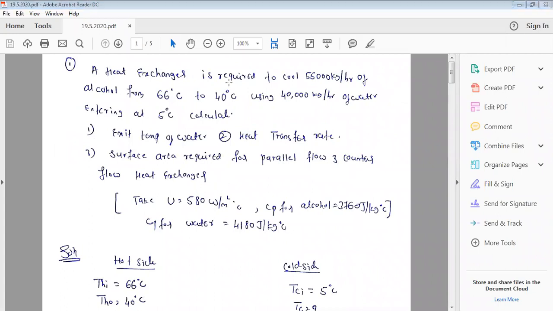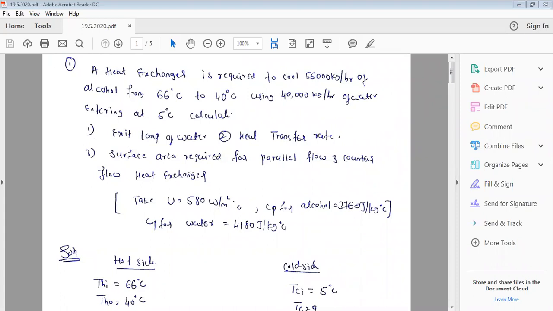In the sense, we need to calculate the amount of area required for this heat exchanger when the setup is parallel, and we need to calculate the amount of area for the counter flow heat exchanger. When the setup is for counter flow, then we need to study whether the area is the same in both or different. If both are different, which area can be employed?